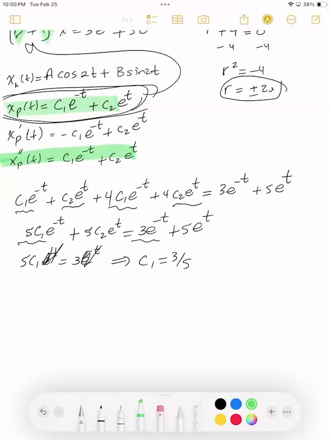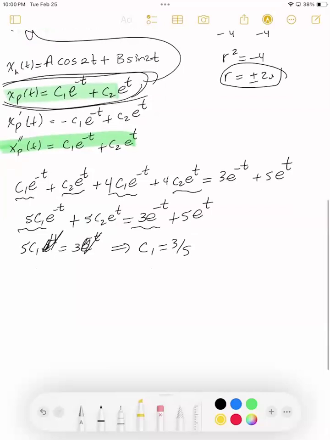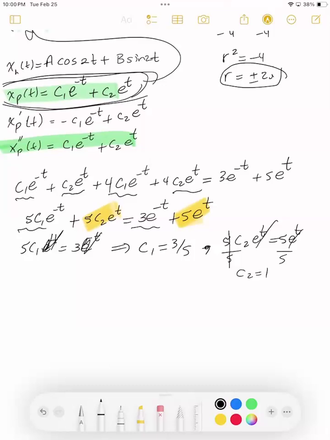Next, we are going to go after these two. We are going to set these two equal to each other, and that tells us 5C2 e to the t is equal to 5e to the t. We cancel each other, divide both sides by 5, we get C2 is 1.